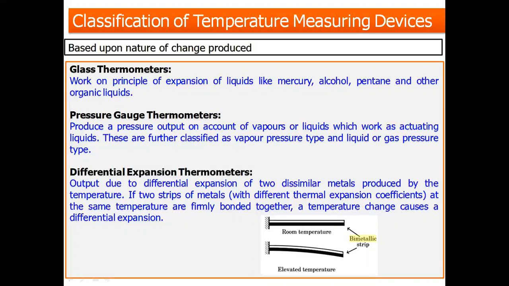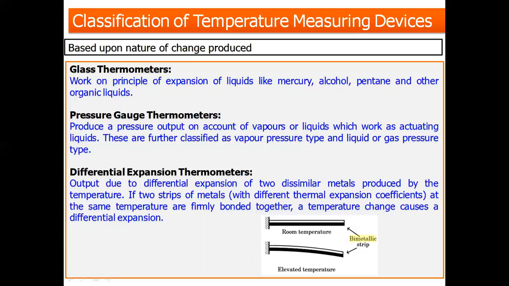The expanding liquid or the vapors getting excited as the temperature rises exert a pressure on the surface, and that pressure is measured with the help of a pressure gauge. So over here, the change in temperature is calibrated with the pressure.